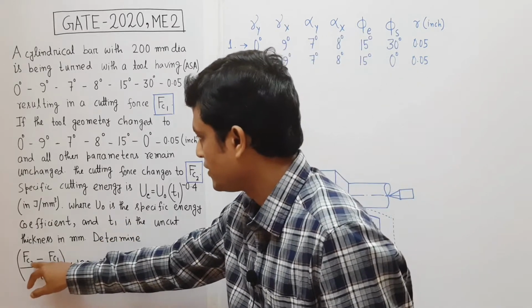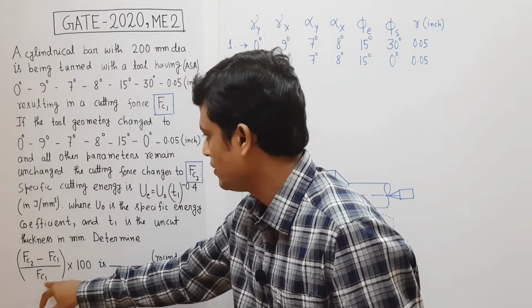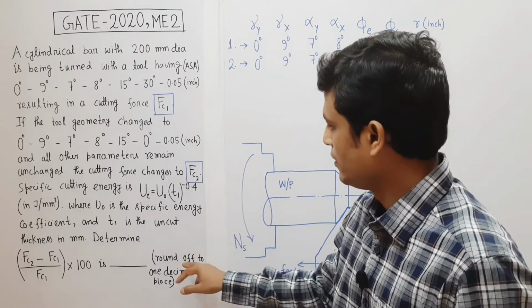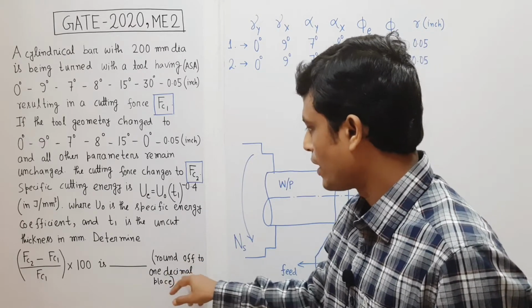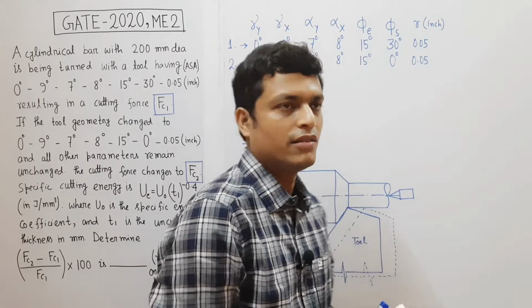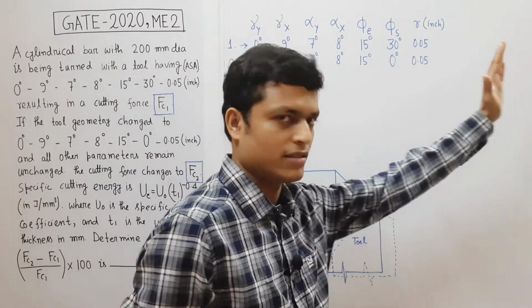Determine this amount, that is FC2 minus FC1 by FC1 into 100, rounded off to 1 decimal place. Okay, so let us write the designation in ASA system.